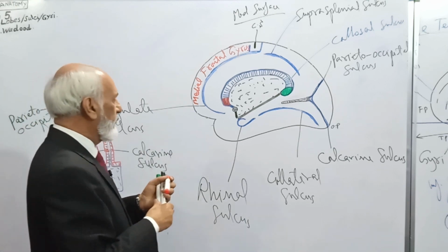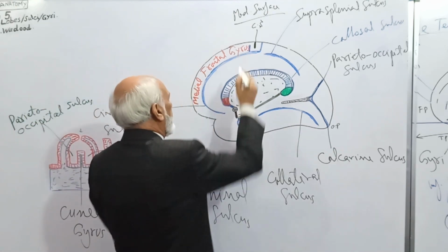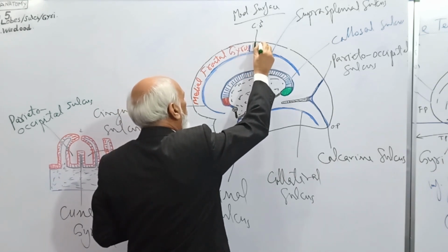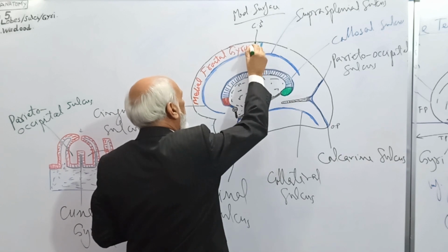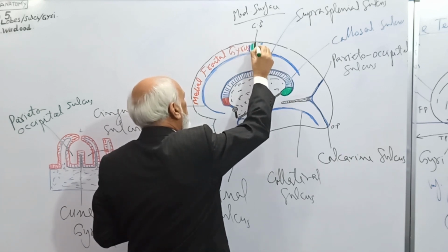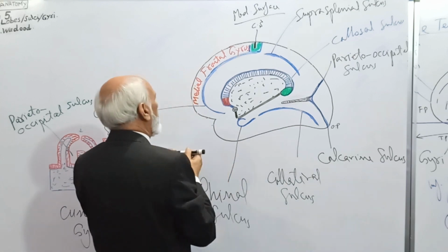Now behind the medial frontal gyrus, there is a U-shaped gyrus around the terminal end of the central sulcus. Already we discussed. This is known as the paracentral lobule. Very important.